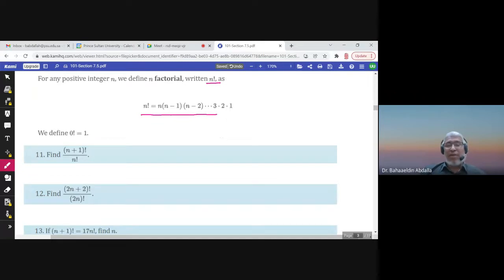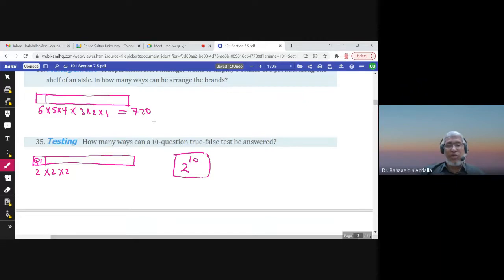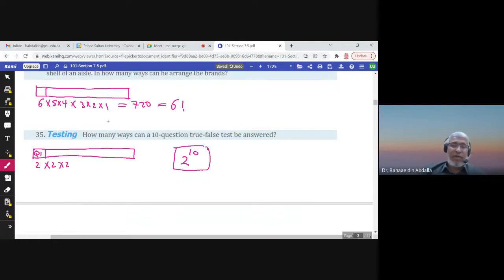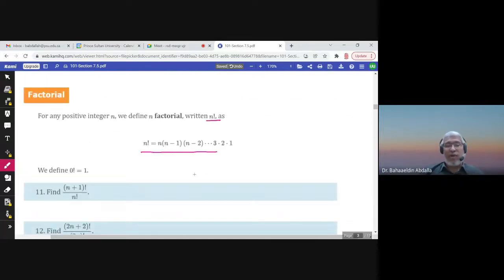So, for example, this is 6 factorial because it's 6 times 5 times 4 up to 1. So this is 6 factorial. It is in the calculator. If you press 6 factorial, it is above x to the power negative 1, you will get immediately 720. So that's what we mean by n factorial.